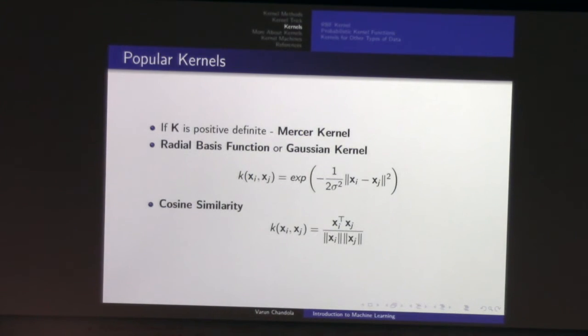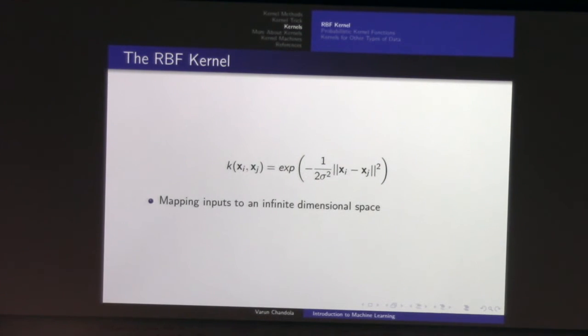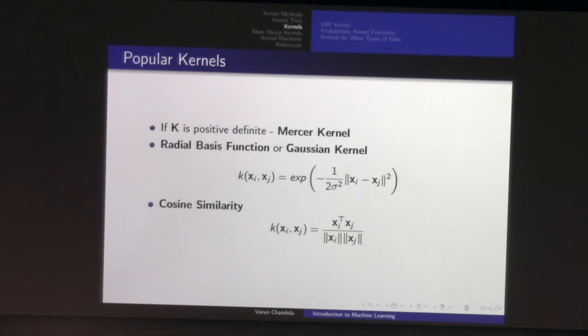Any valid kernel, radial basis function, any Mercer kernel, in some way amounts to projecting your data into a new space. That means you're projecting your data into some space and then doing your linear regression in that space.